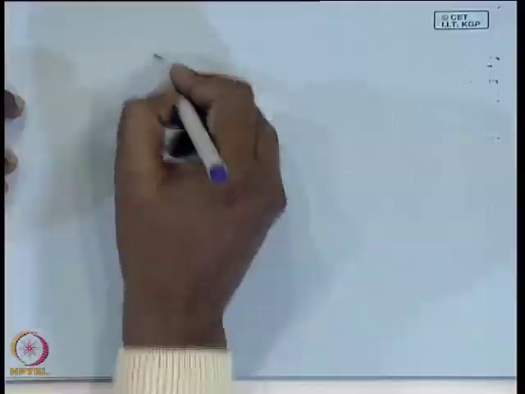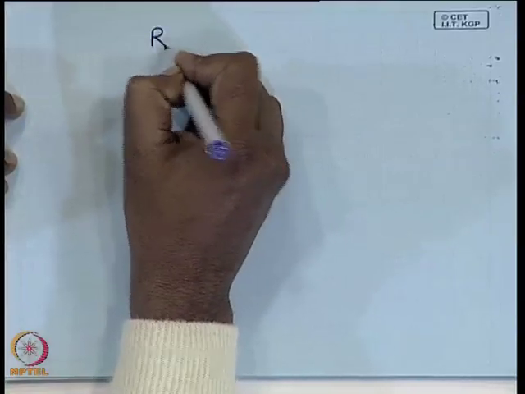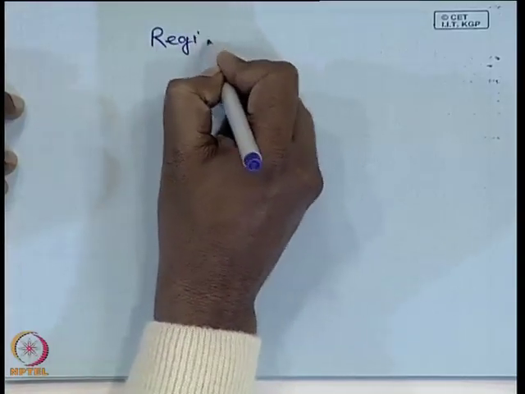Now, let us go inside the boundary, to see what different kinds of region descriptors or region based features we can extract, which can help us in the recognition process.